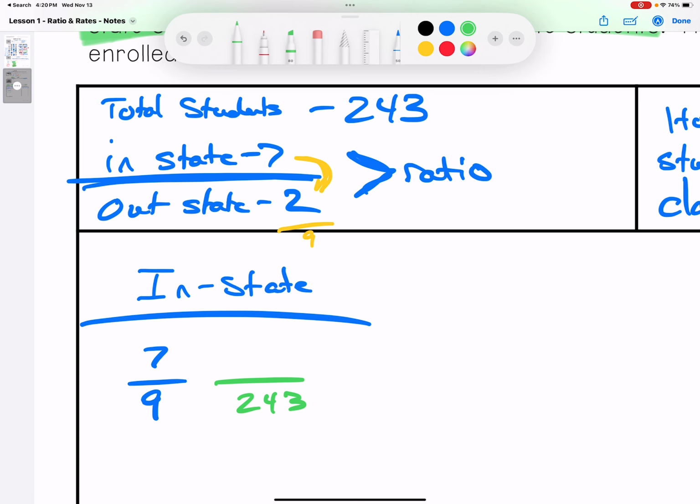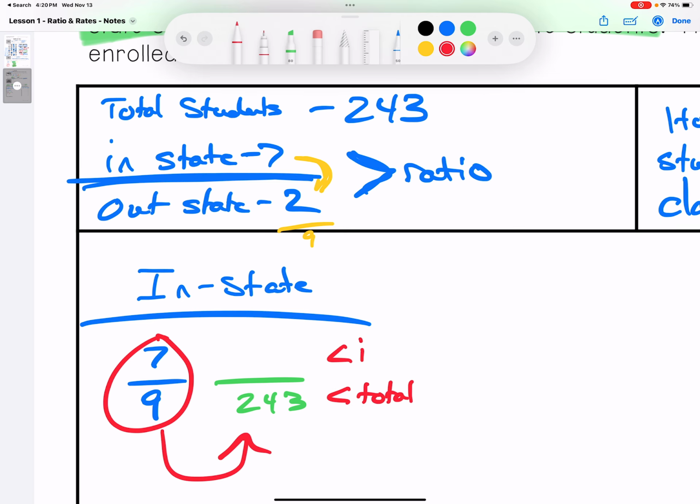So how do we find it? Basically, guys, this is the simplified version of that, because this is total students. This is in-state. What is the 9? Total. So 7 out of 9 are in-state. So that's the simplest form.